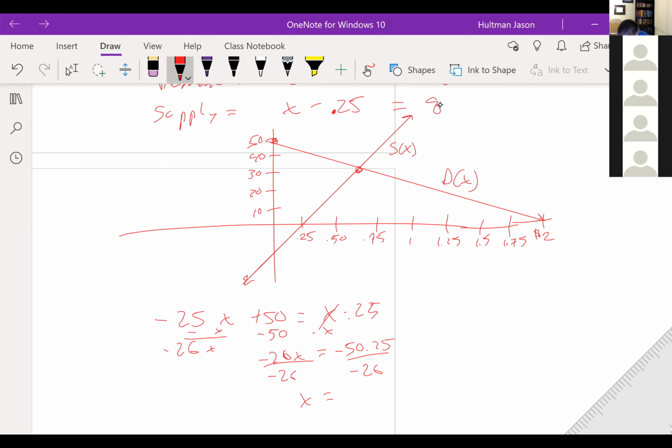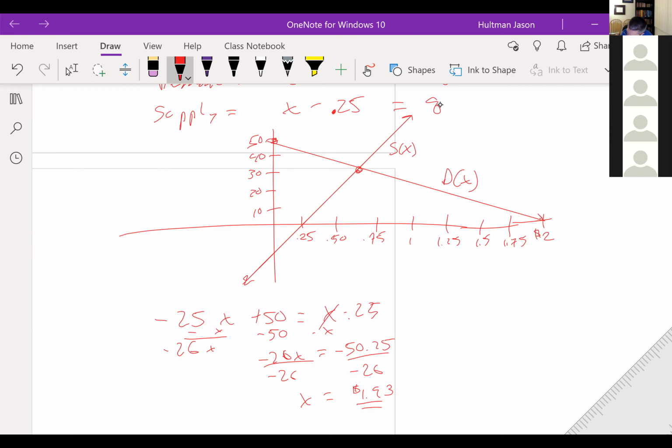I don't know, maybe I didn't do this right. It should have come out to negative 1.93, but you get the idea. So this would be my price point. No, this is positive, sorry. I don't think I graphed my graph correctly.